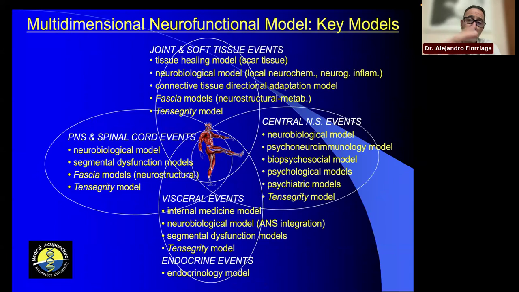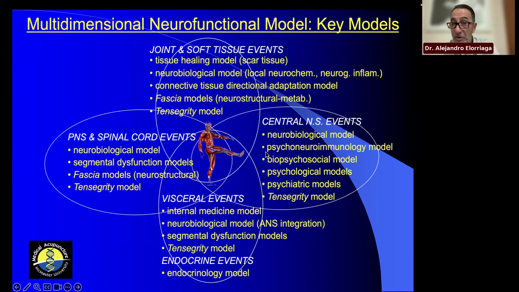And then there are models that could help you, from the scar tissue, the healing model, to the neurobiological model, which involves the understanding of the chemistry and other things, to the connective tissue directional adaptation model, also connected to the fascia model. So you need to understand the neurostructural metabolic dimension and the tensegrity model that is in every one of the areas.